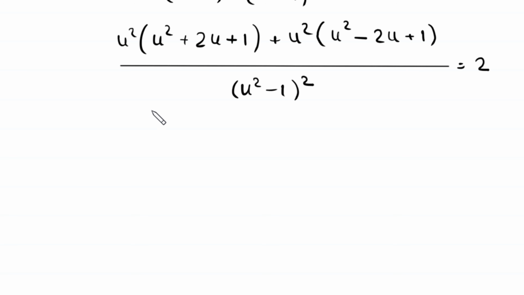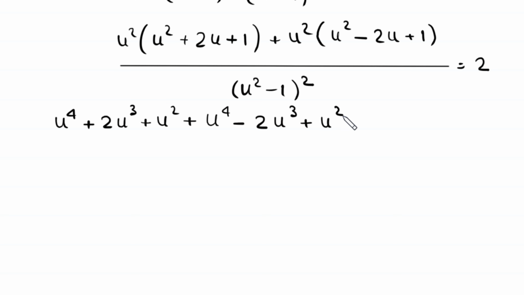This u squared times u squared will become u to the power 4, and u squared times 2u is 2u cubed. U squared times 1 is u squared, plus u squared times u squared, u to the power 4, u squared times negative 2u is negative 2u cubed, and u squared times plus 1 is u squared, equal to 2 times expand (u squared minus 1) whole squared, which is u to the power 4 minus 2u squared plus 1.